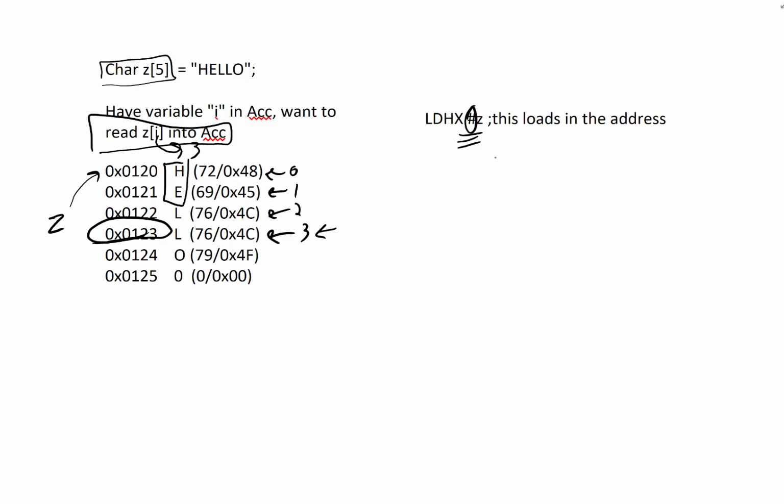Okay, but at this point we have HX being 1 and 20 because we've loaded in that value of Z. All we really want to do is add I to this. Unfortunately, we can't do math directly on the X register. So what we're going to do is transfer the X register into the accumulator. This is going to overwrite that value of 3 that I started the video with. So that 3 is gone, and now we're left with just the 20 that we've transferred in.